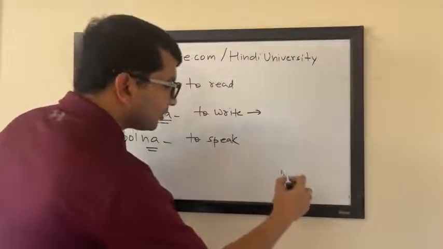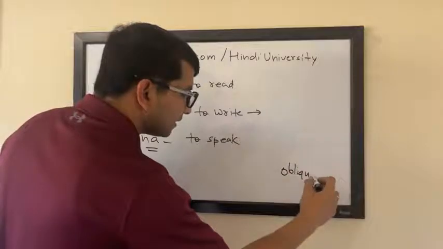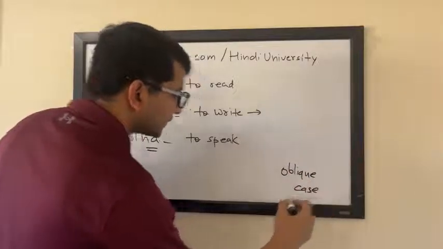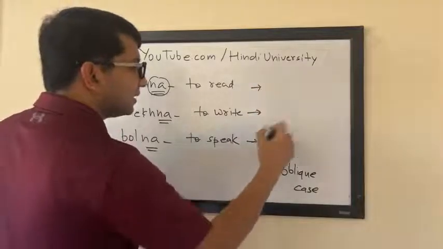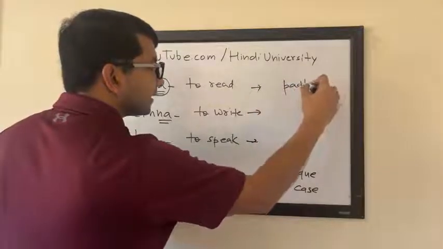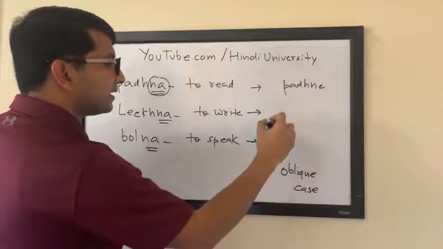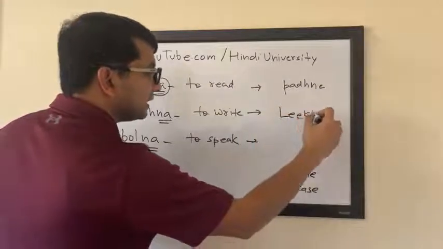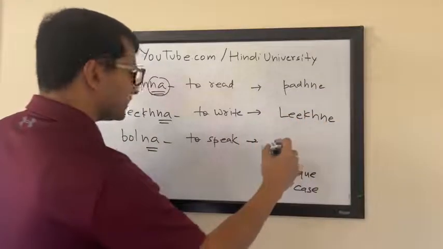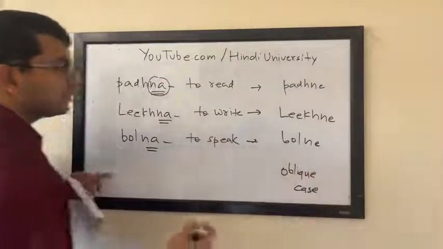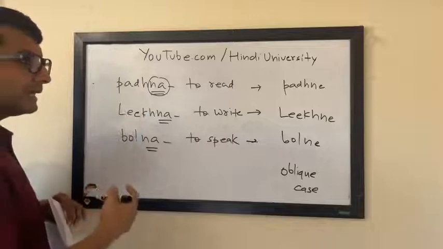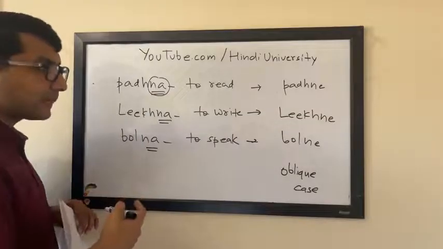Right now, don't worry about the definition of oblique case, but essentially, the ending changes. So, padhna becomes padhne. Likhna becomes likhne. Bolna becomes bolne. That's the oblique form of this word. Padhne, likhne, and bolne.